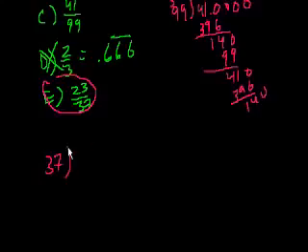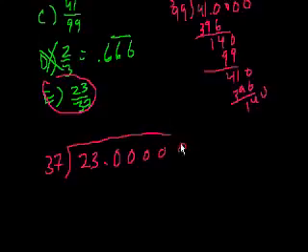So 37 goes into 23. I don't remember when I took the GMAT having to do this much decimal division. So 37 goes into 230. I don't know. Does it go into 6 times? No, probably 5 times. 5 times 7 is 35. 5 times 3 is 15.